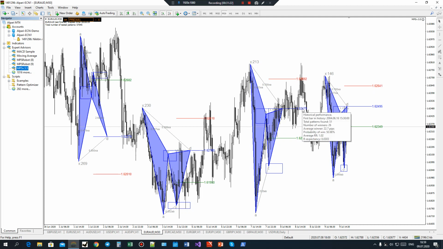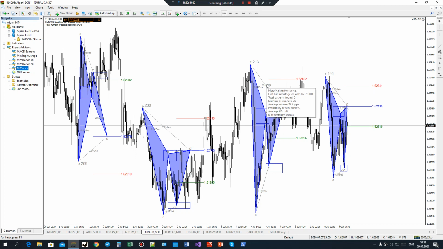So if we look at this, it was a 50% trade, 50.98, not a very good trade. So just hover your mouse over this pattern and pick up those that are greater than that 50%. You could stay away from this.